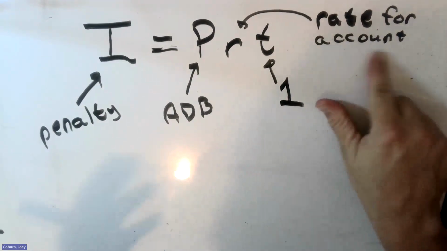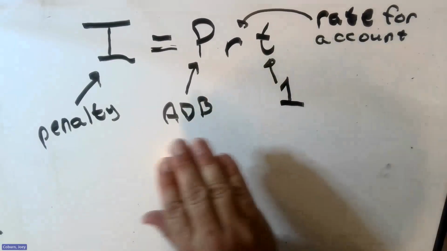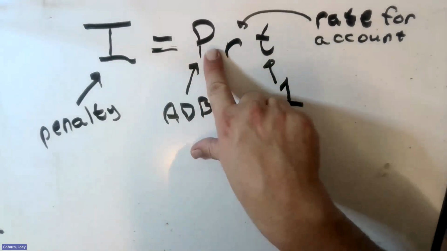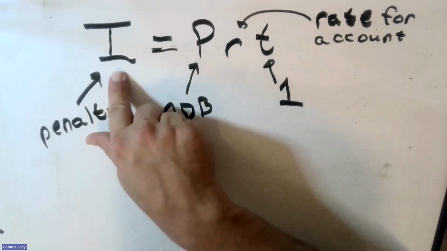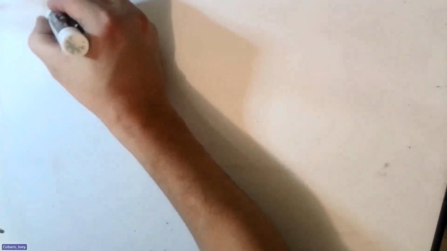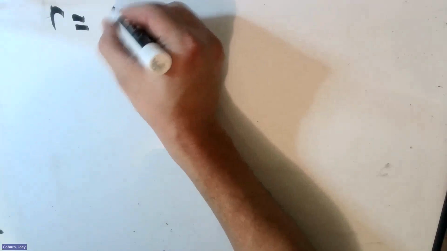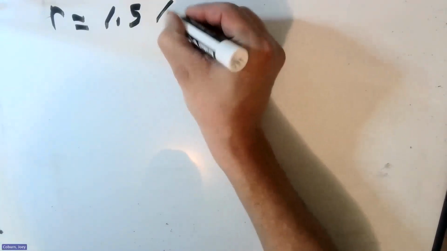So this is, again, the interest rate for the account. They're going to set T to 1. We'll use the ADB for P, and the penalty, well, that's what we're calculating. Now, in the example that we have here, the account that we were working with, the interest rate was 1.5%.